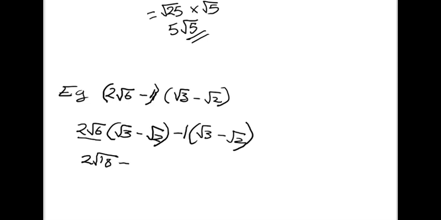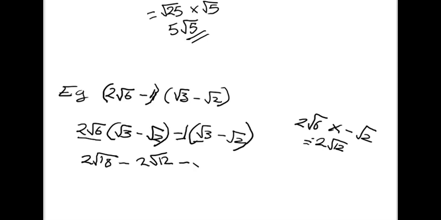Let me write it down here so that you'll know what I'm doing. 2 root 6 times minus root 2 is going to be minus 2 root 12. Sorry for my slanty work. Then plus 1 times root 3 will be plus root 3.